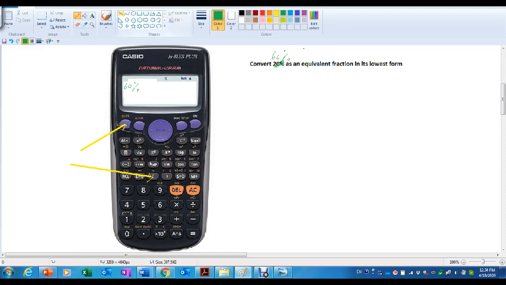Then you press the equal sign, and you see the answer would be like here. They will show you the simplest fraction right away: 3 over 5. So that's the answer. That's how you convert to an equivalent fraction in its lowest form. But the question is not finished.